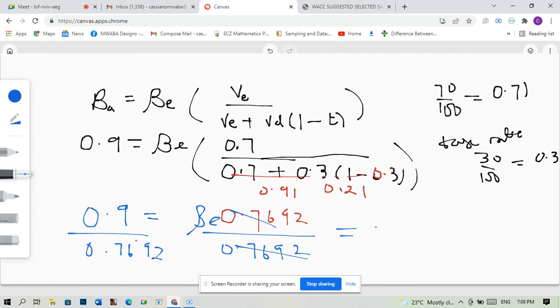Yes, so our equity beta equals 1.17. Any questions so far?